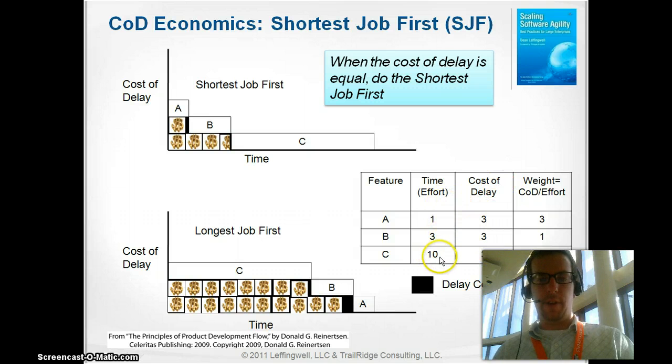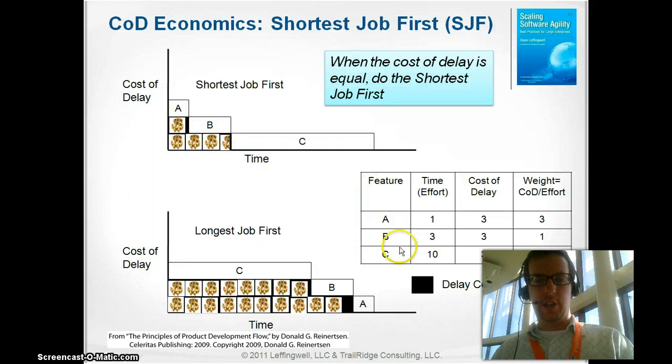You can see that the effort for C is greatly higher than A and B. If I was to do the highest effort job first, you can see all the money that I'm not collecting during this time, and I have to wait until C is over in order to work on B and then work on A. All of this is lost money if you use the economics of delay, as compared to if I do A first, I can get A out there and then work on B, and A and B will be out there, and I only have this amount of money that I'm not making, and then here is where C is being worked on.